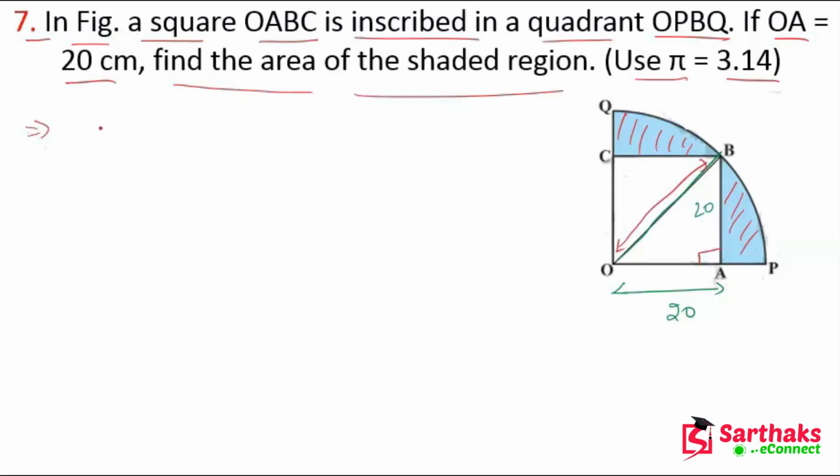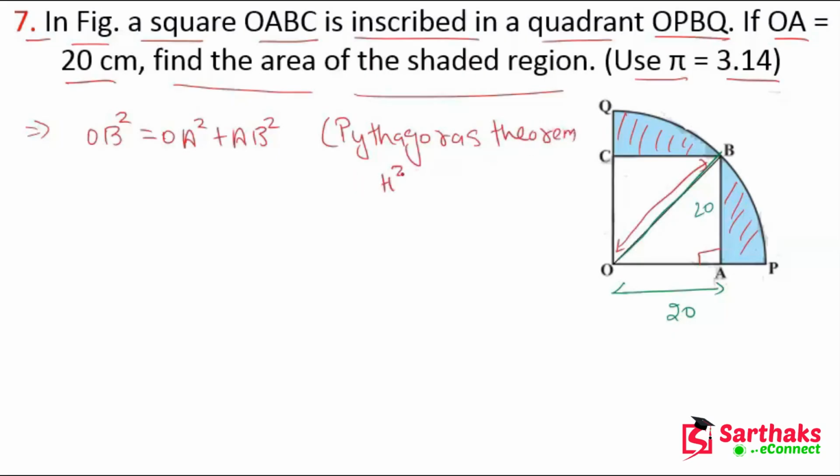So by Pythagoras theorem, OB square is equal to OA square plus AB square. This is the Pythagoras theorem, which is hypotenuse square is equal to base square plus perpendicular square. Okay. So OB is our hypotenuse, base is OA, and perpendicular is AB.